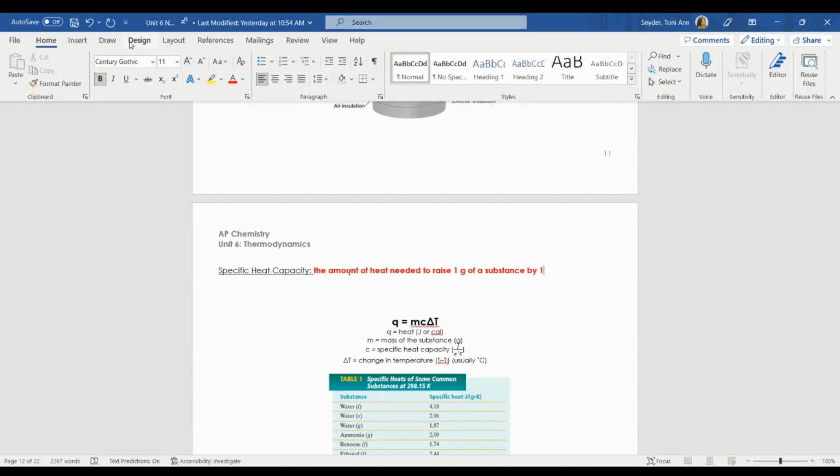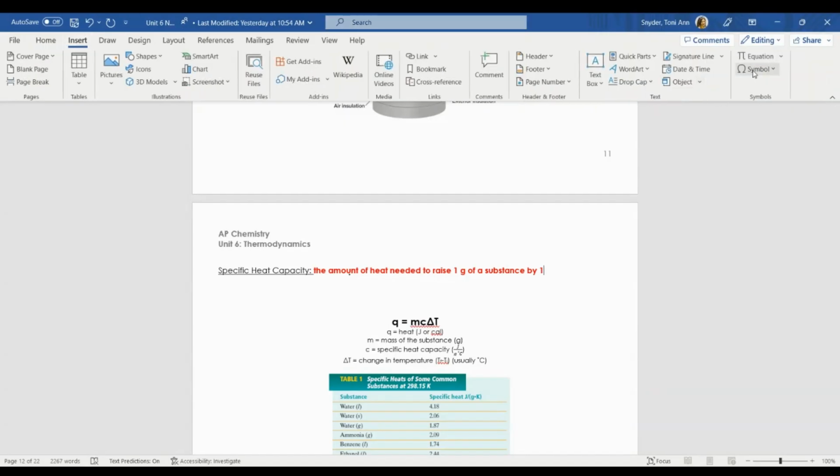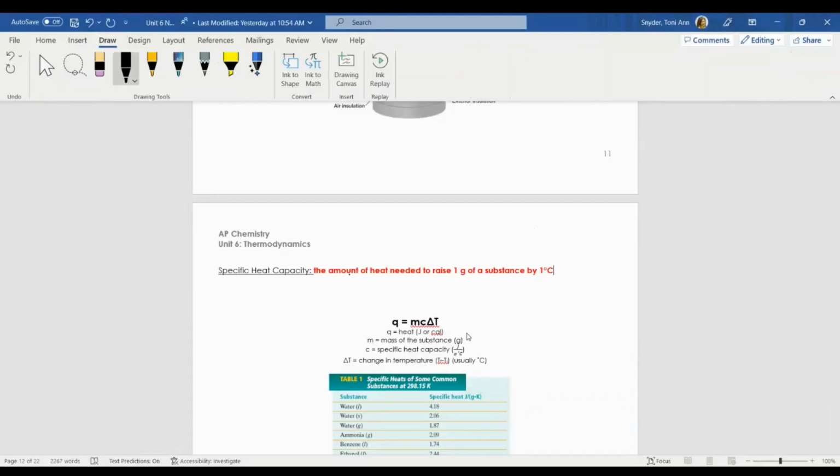Depending on the nature of the substance, or the type of bonds it has, the specific heat capacity will be a little bit different. And the specific heat capacity is always symbolized by a lowercase c.